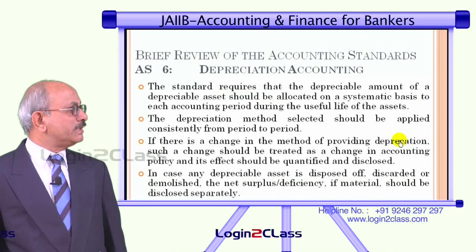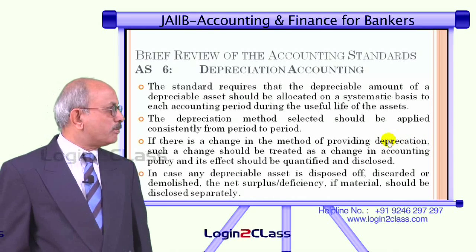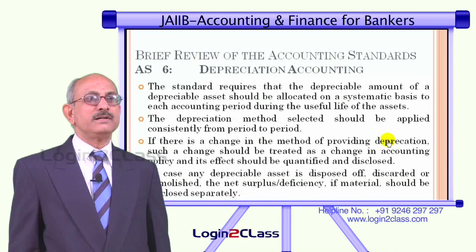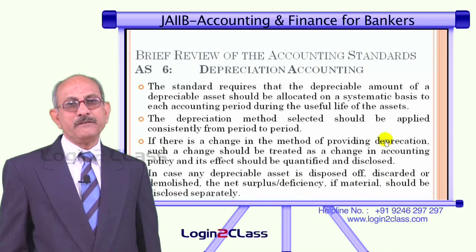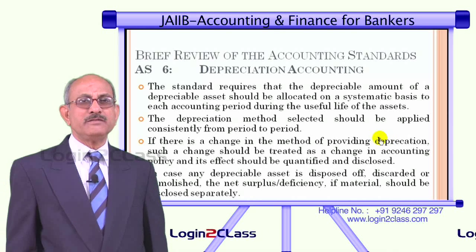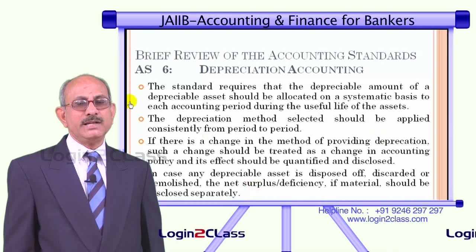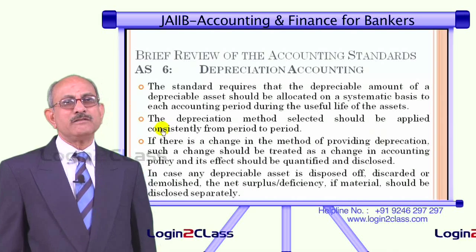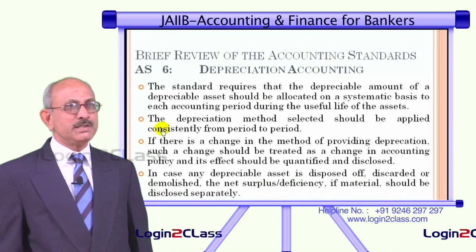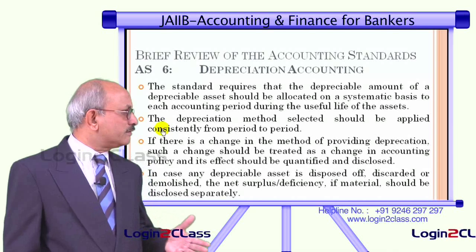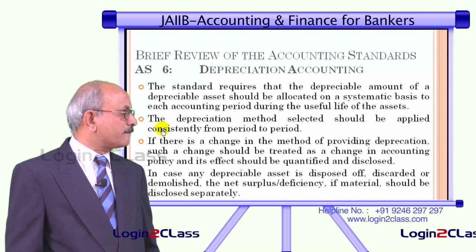Therefore, the depreciation method selected should be applied consistently from period to period. What it means is, if an entity is following a particular method of depreciation, it has to continue to follow the same method from year to year. That means there should be some consistency in the use of the different methods.